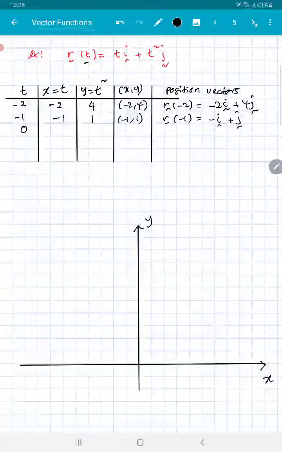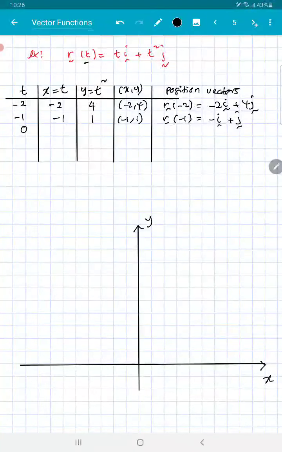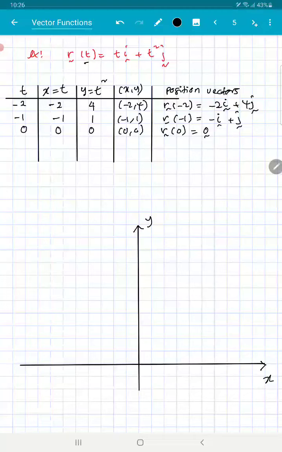Now let's see what happens when we replace t with 0. When t is 0, x is 0 and y is also 0. So we have a point at the origin. The position vector when t is 0 is 0i plus 0j, or you can write it as the zero vector, or use the pointy bracket.